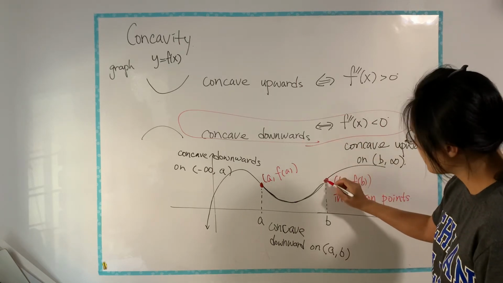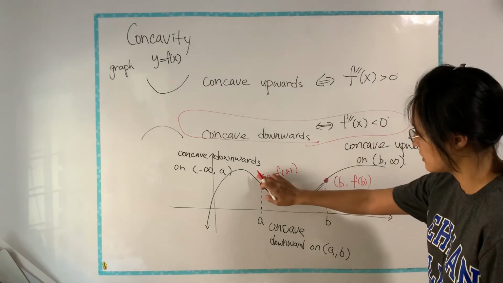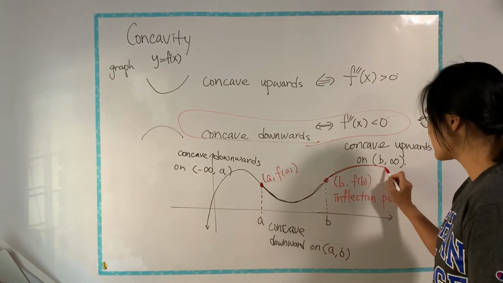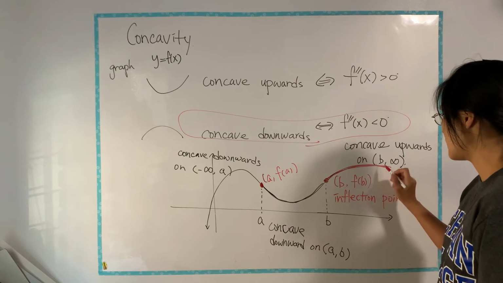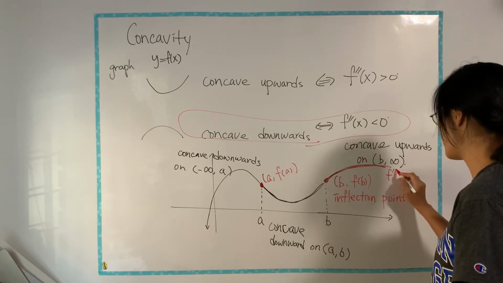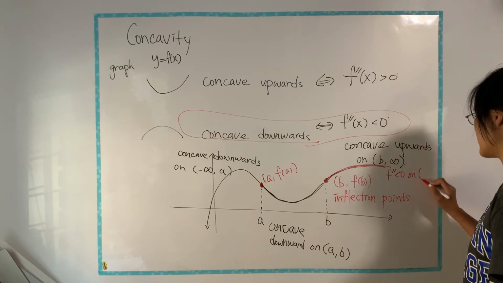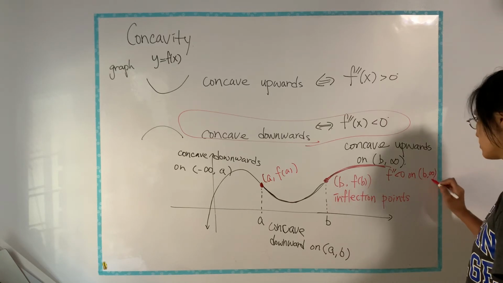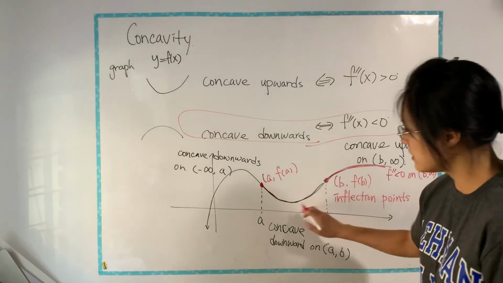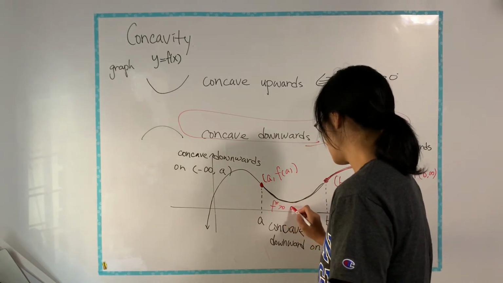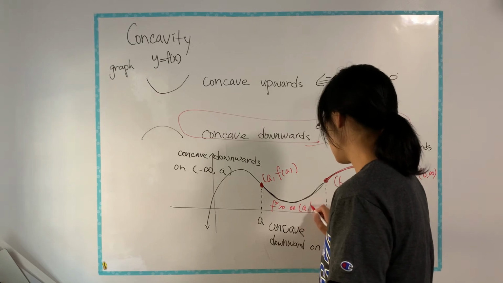So if you have the function like this, over this interval from b to infinity, you would have f double prime being negative on the entire interval from b to infinity. And here you would have f double prime positive on the entire interval a to b.